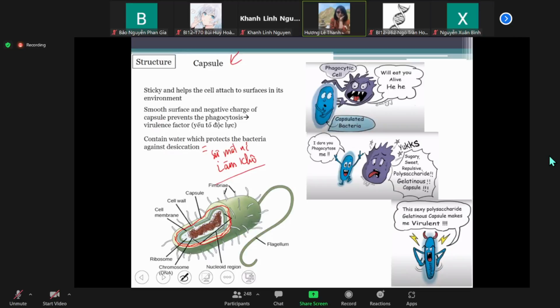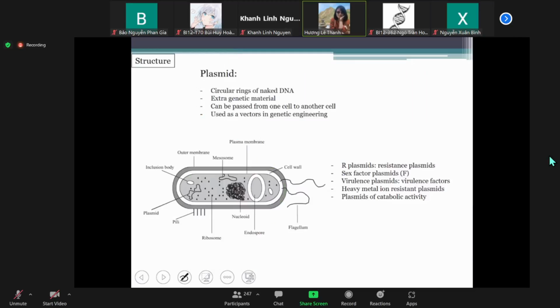And another structure that we can only find in bacteria is the plasmid. Plasmids are extra genetic material. You can see here the main genetic material, the circular DNA in the nucleoid region, the main part.